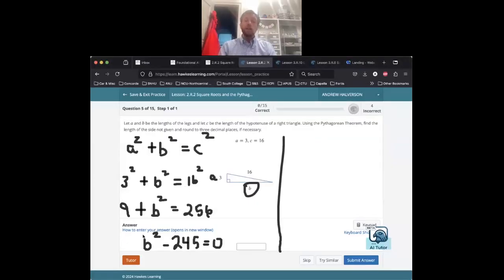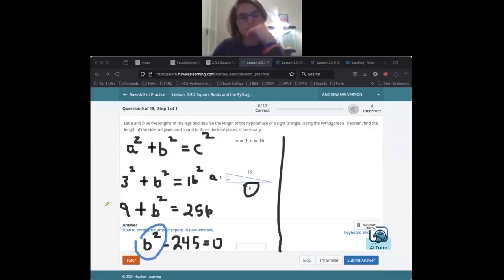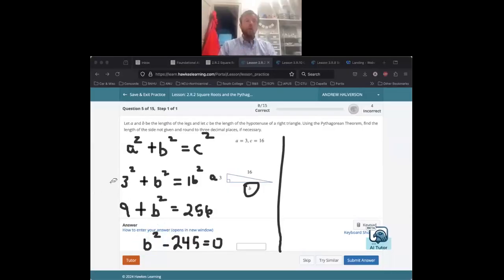But there's an easier method. And here's the easier method. Because you have a squared term, but no plain variable, this is a special case. We can take this 245 and push it back over to the other side.